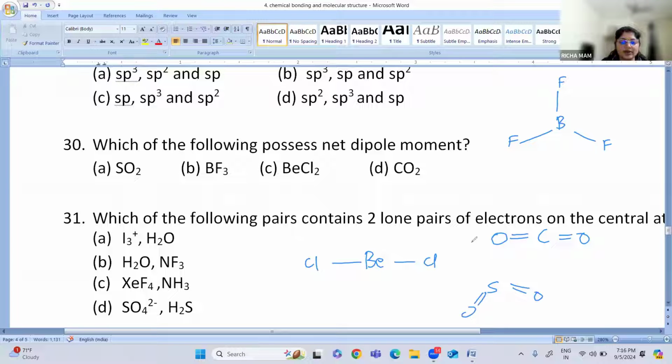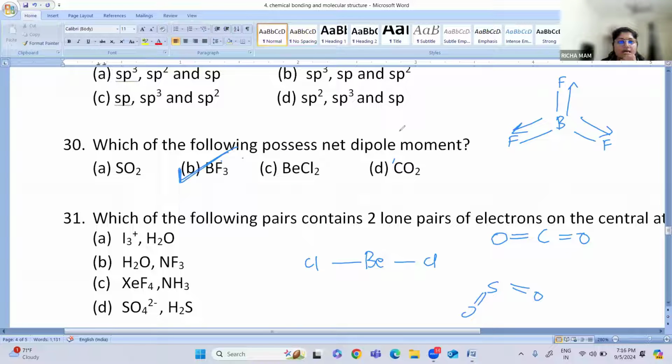Now when you see the structures, which possesses net dipole moment? So your BF3 possesses the net dipole moment. So option number B. The net dipole moment is present in BF3.